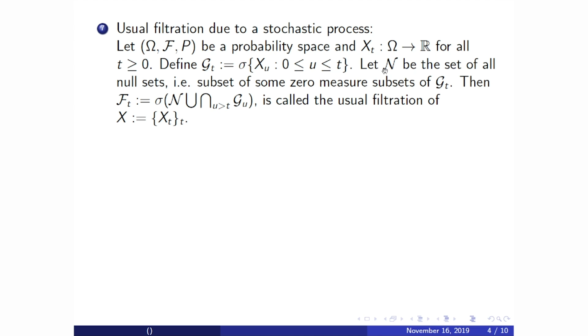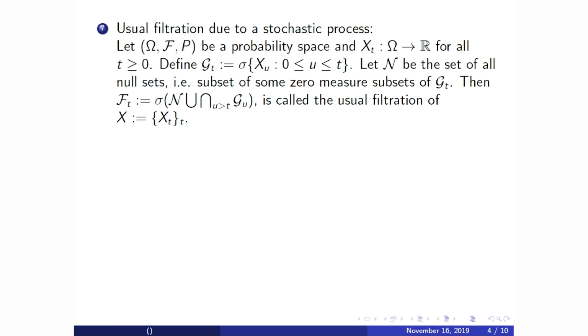So, consider that N is the set of all null sets. What do I mean? Subsets of zero measure sets, subsets of zero measure sets of the filtration Gt. Actually subsets not of Gt, but of F. All null subsets of F.